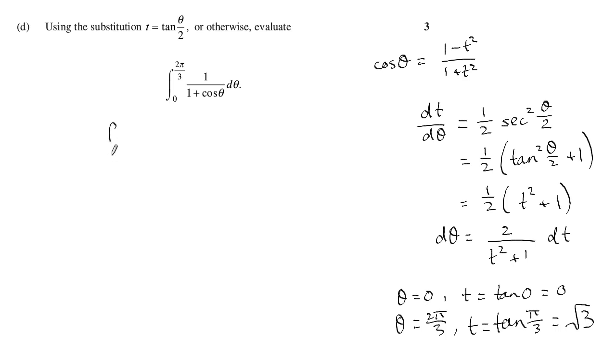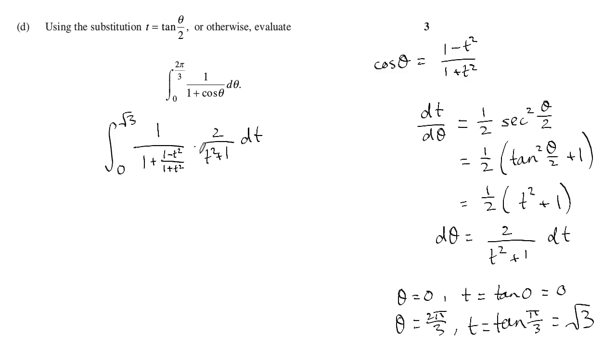So we have the integral from 0 to root 3 of 1 over 1 plus 1 minus t squared on 1 plus t squared, times the d theta, which is this. And then we just need to simplify this.